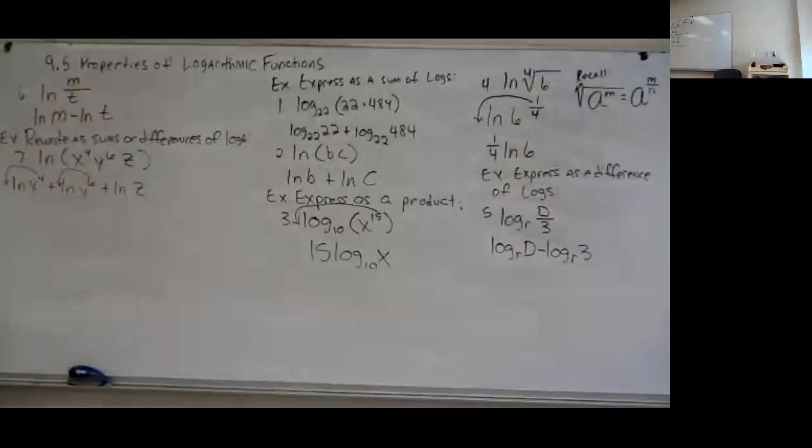So when you're done writing logs, you cannot have exponents sitting up on them variables, okay? So this becomes 4 times ln of x plus 6 times ln of y, and then at the end is still my ln of z. Now all the exponents are down, it's rewritten as a sum, and they're happy, okay?